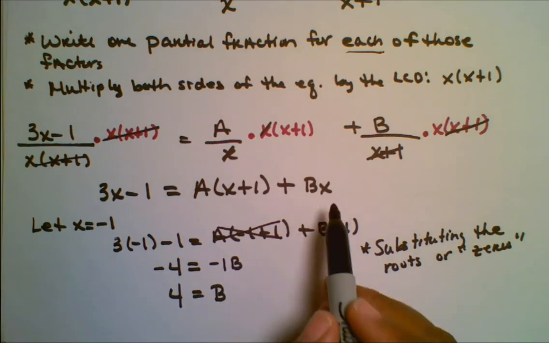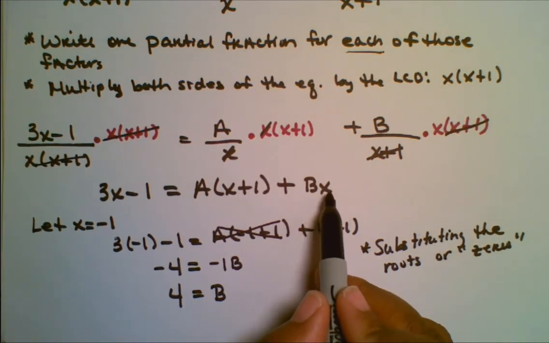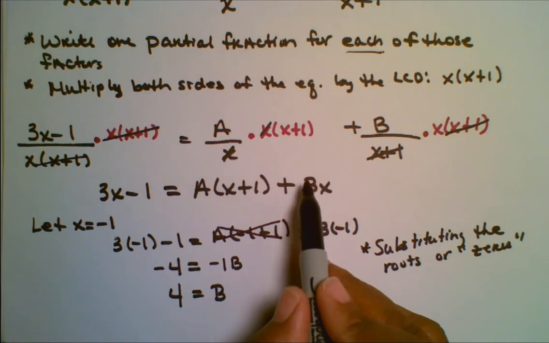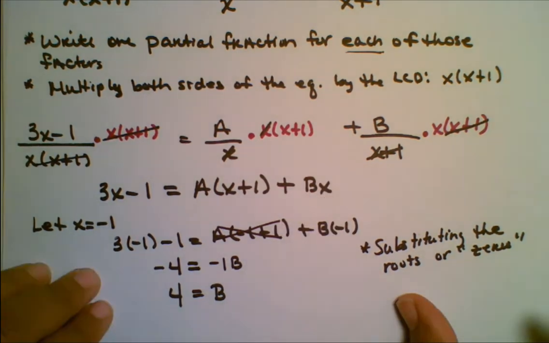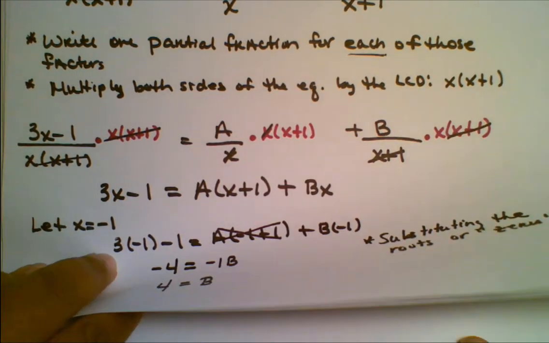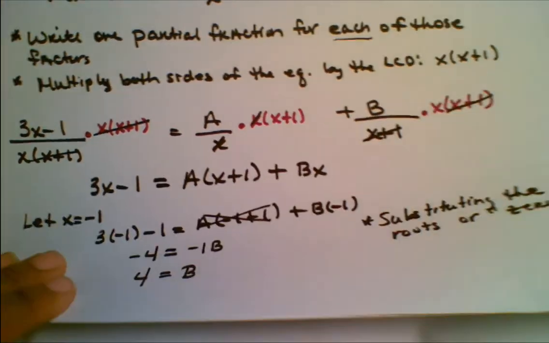So we also have, think about x. What x, if I want to cancel out this b, then what would x be? What would x represent? Well, x will have to equal 0.